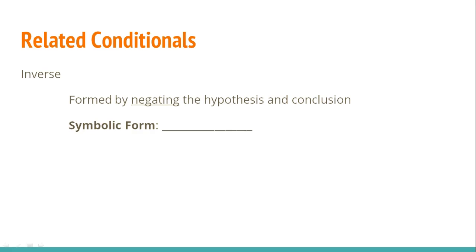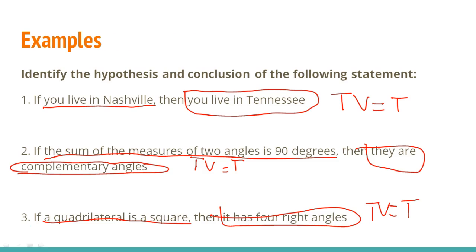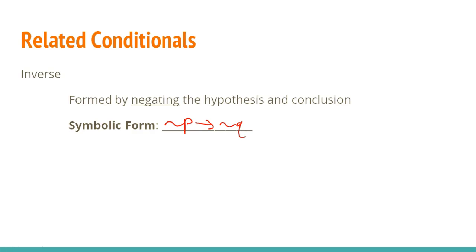Our symbolic form for this is not P, then an arrow, and then not Q. And that means if we were to use our previous example, if you don't live in Nashville, then you don't live in Tennessee. Once again, that would stay true. So that's the example of an inverse.